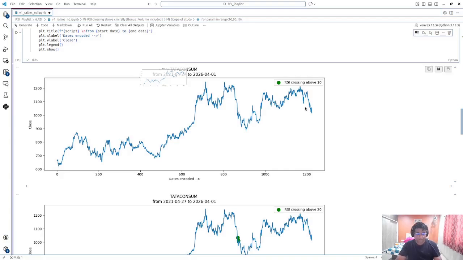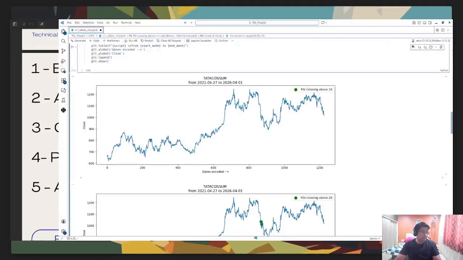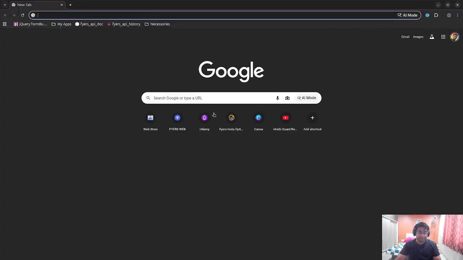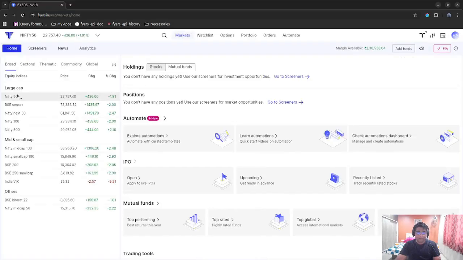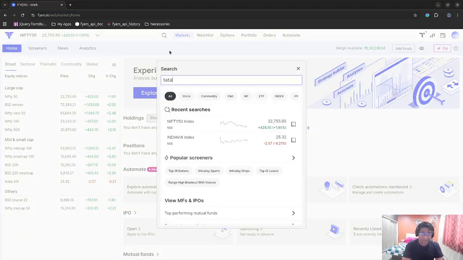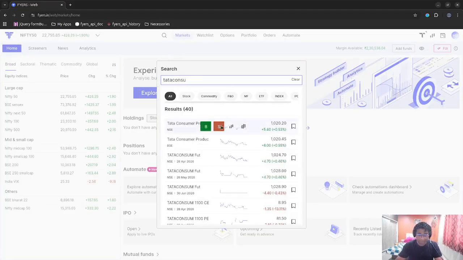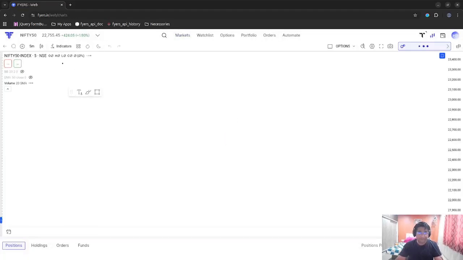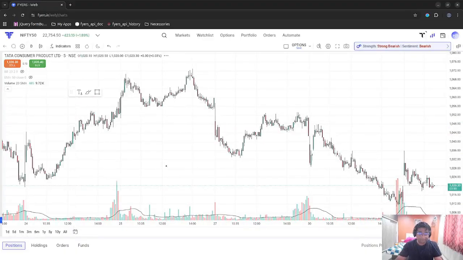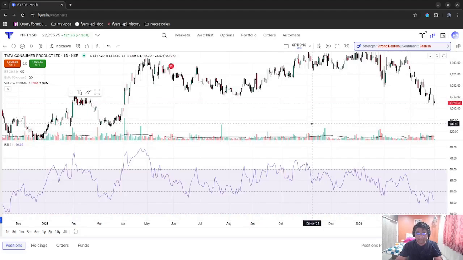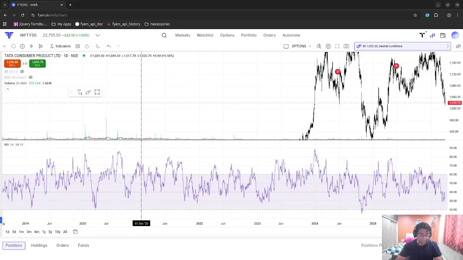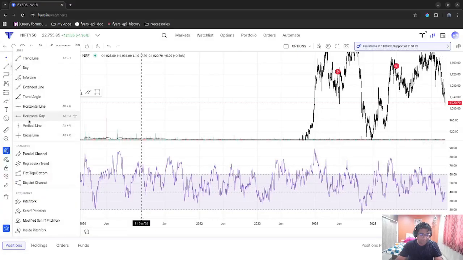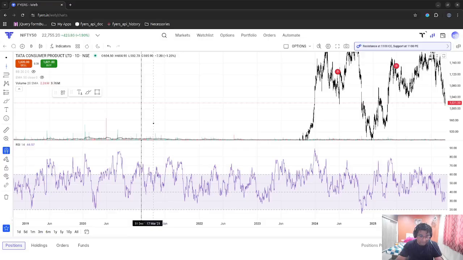Would you like to check? Okay, we'll go and check on our chart. So Tata Consumer, it is right. This is its NSE chart, with the 1D time frame, from 1st April 2021.